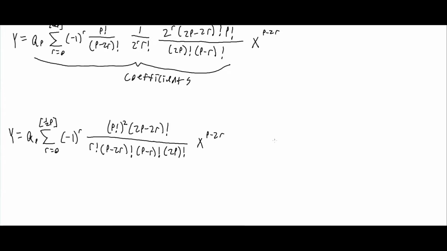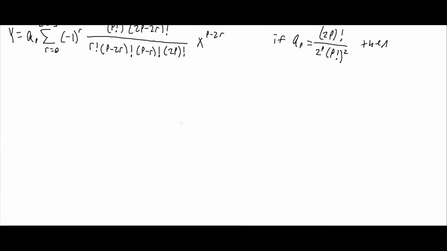And if we set a sub p equal to 2p factorial over 2 to the p times p factorial squared, then what we can do is simplify this even further, so that we now have our P, and I've been using p, so I'll put a little subscript p there.